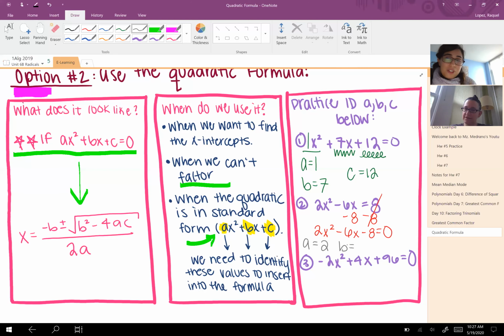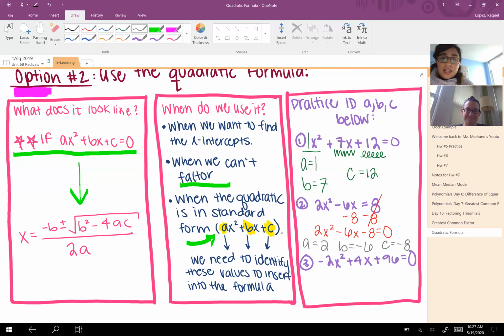Yeah, but can you double check that sign? What's the sign you see in front of the 6? Oh, it says minus 6x. So the coefficient's really a negative 6. How about the c? Oh, it's negative 8. There you go. All right, and then that's our a, b, and c.